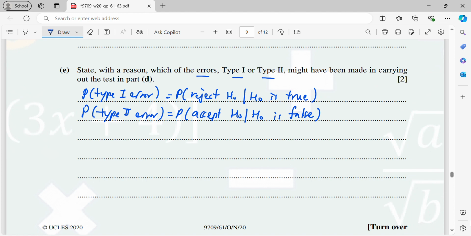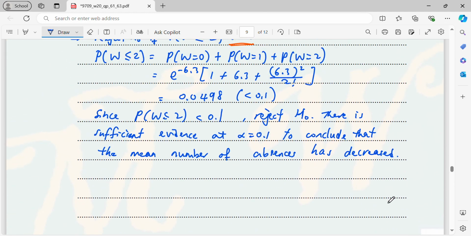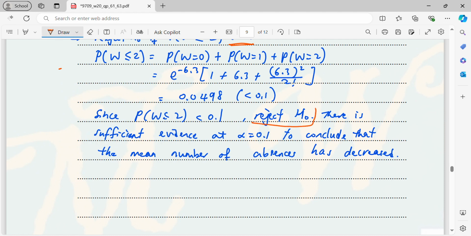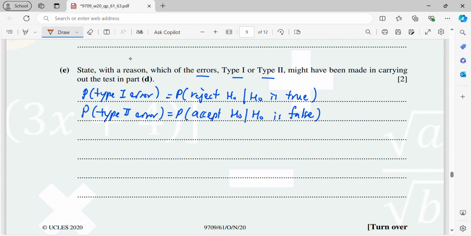So now, by looking at the decision in the previous part, because we have rejected H0, when we reject H0 it satisfies the type 1 condition, right?